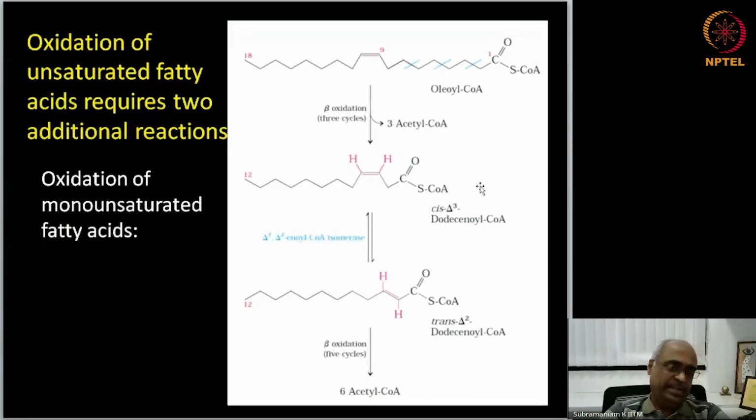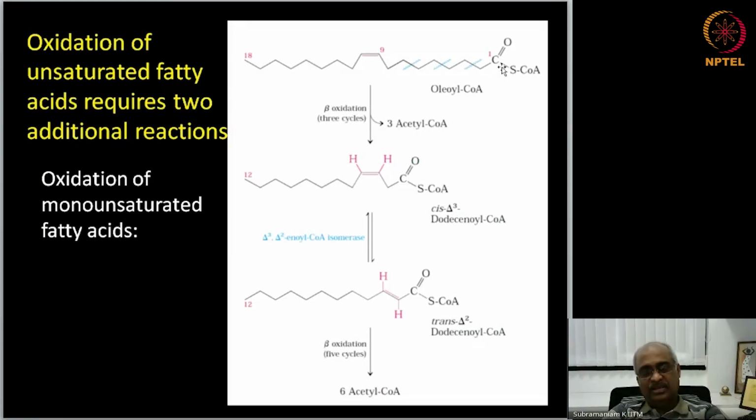So those fatty acid oxidations require two additional steps. For the one that has only one double bond but still an even carbon number, as you see here, oleic acid, oleoyl CoA, this cis needs to be converted into trans, and that is done by an isomerase.